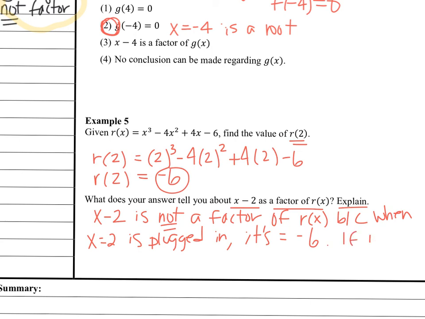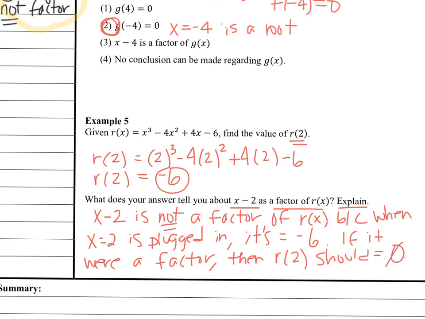If it were indeed a factor, then r of 2 should equal 0, and it does not.